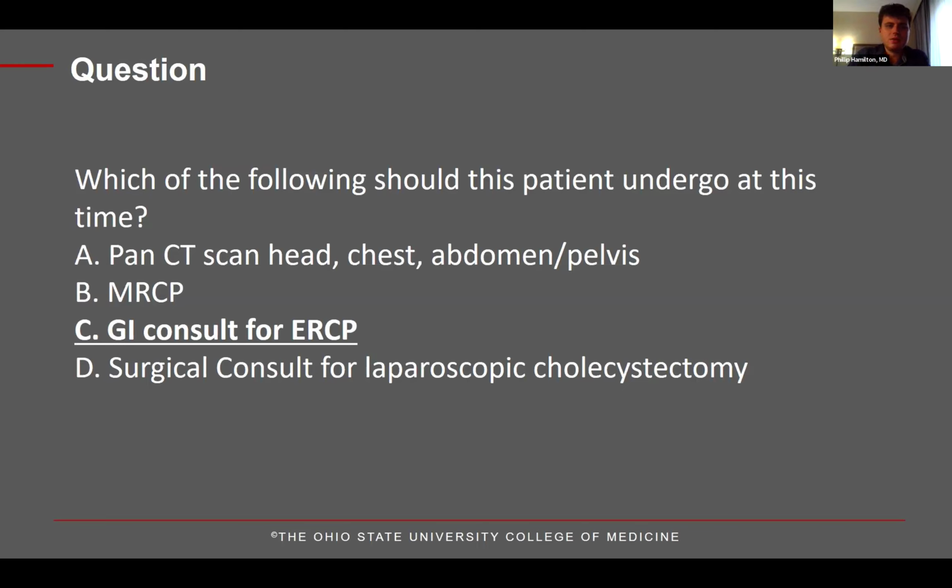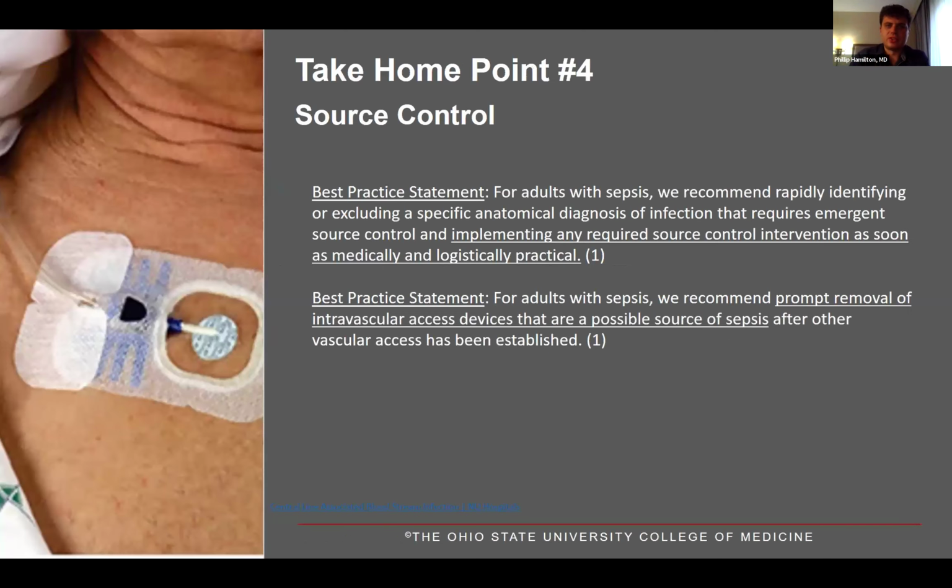I wrote this for GI consult for C, thinking about getting source control. So take home point number 4, thinking about how critical source control can be for our patients. There's a couple different best practice statements in the guidelines over this: rapidly identifying a specific anatomic diagnosis of infection, and then thinking about those that are not going to be sufficiently controlled by antibiotics.